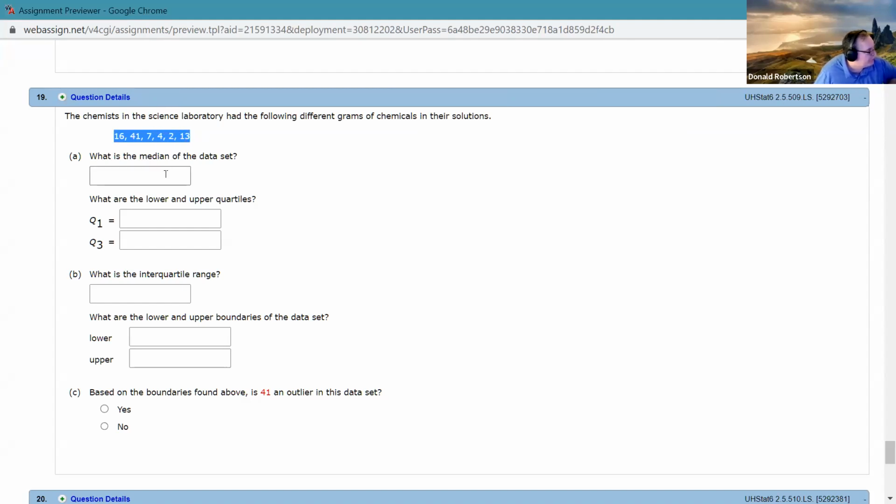We're going to find the median, Q1, Q3, and the interquartile range. And I think I've called them the upper fence and the lower fence. This is just another name for them. They're going to call them the lower boundary and the upper boundary. And once you know these two, you can then do this one here: is it an outlier or not?